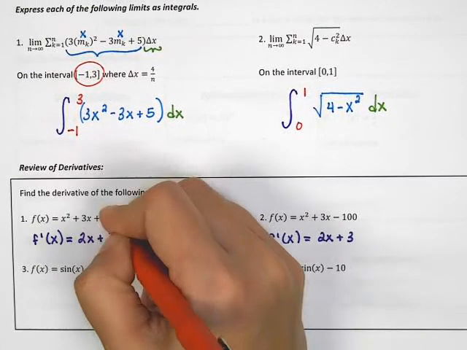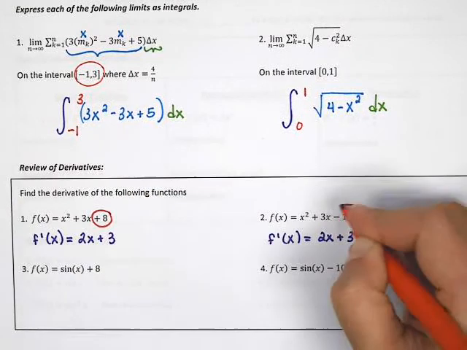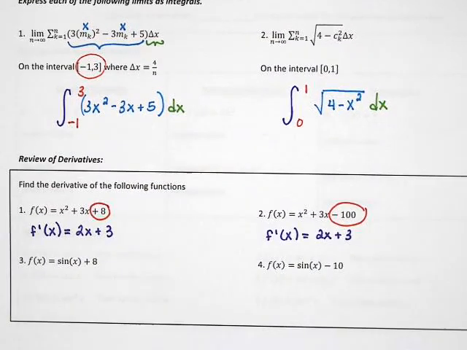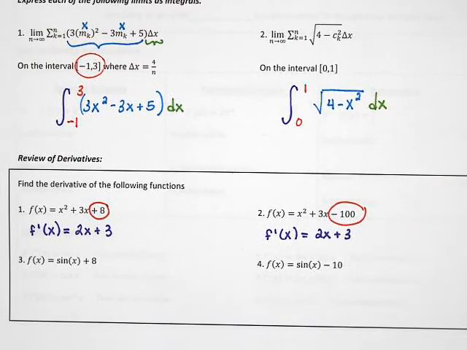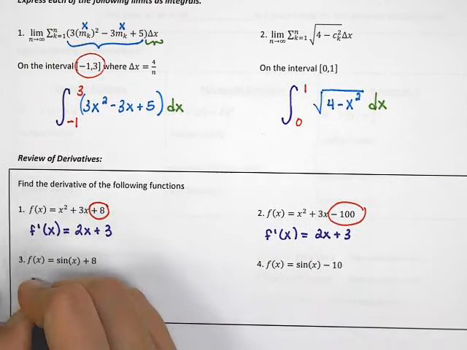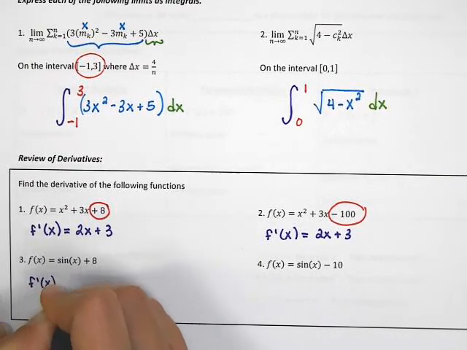And the reason for that is because when you have this constant term at the end, it disappears when you take the derivative. So even though there was a constant term in the original problem, the derivative doesn't have anything to represent that that constant was there. Now if I give you f of x equals sine of x plus 8, the derivative would be cosine of x.